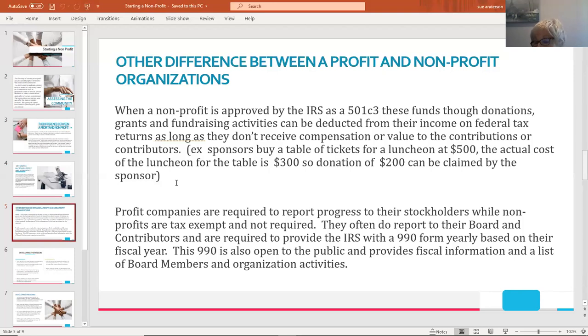The 501c3 application is separate from actually creating the nonprofit organization, and those forms can be supplied to you in the resource area of this website, and also through the blogs, which go through the actual process of how to apply for those forms.